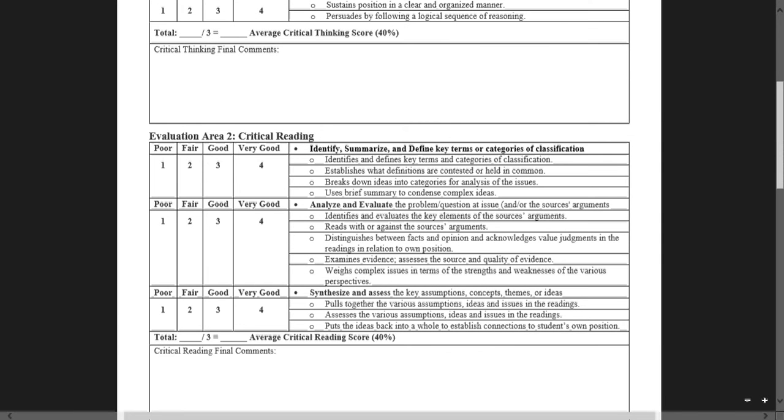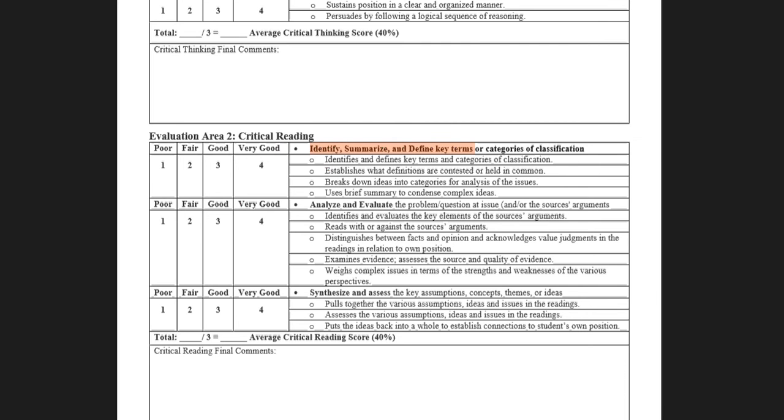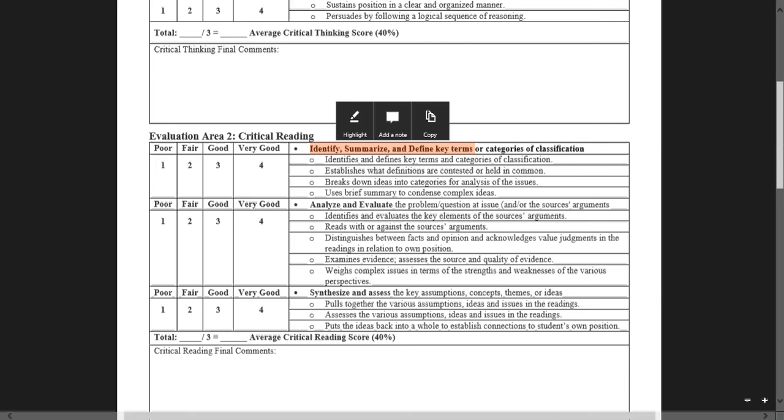Good. So the second area, also worth 4 points, is critical reading. Note that the first thing they talk about is those key terms. I know I'm hitting those key terms really hard, but that's going to be really important for your writing. So are you finding the ideas that are really important in the readings?